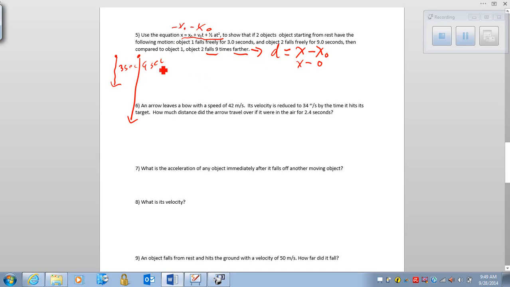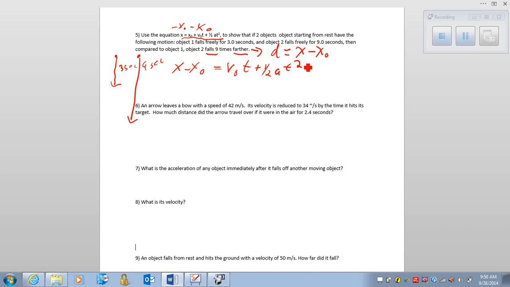And that would give us x minus x0 equals v0 times t plus 1/2 a t squared. So now I have the equation in the form that it will tell me what the distance is for each of those objects if I have the proper numbers.